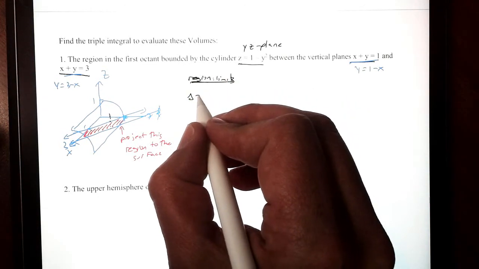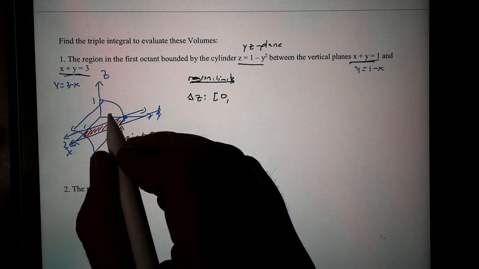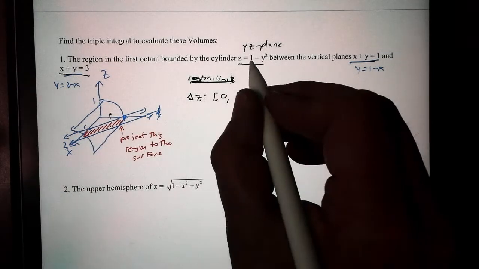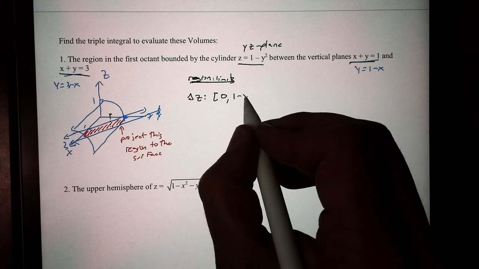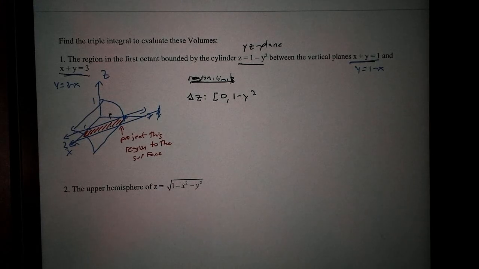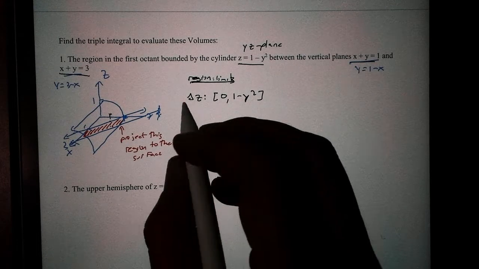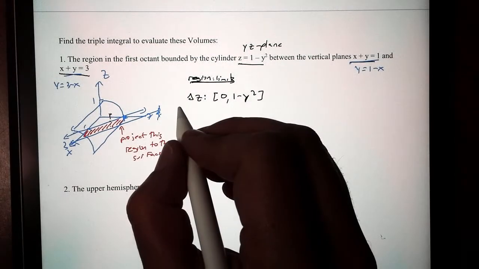My change in z starts at 0 and goes all the way to the function itself, which they're told is z equals 1 minus y squared. Right there. So there's our change in z.